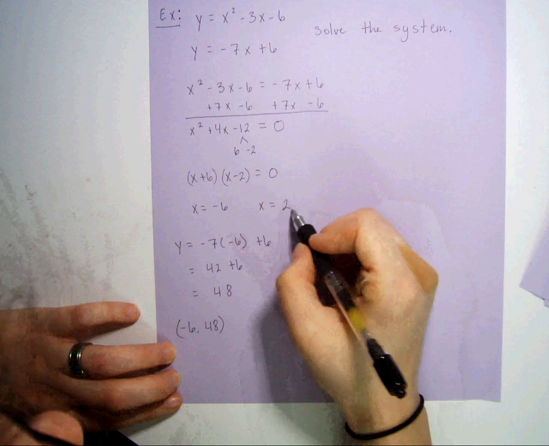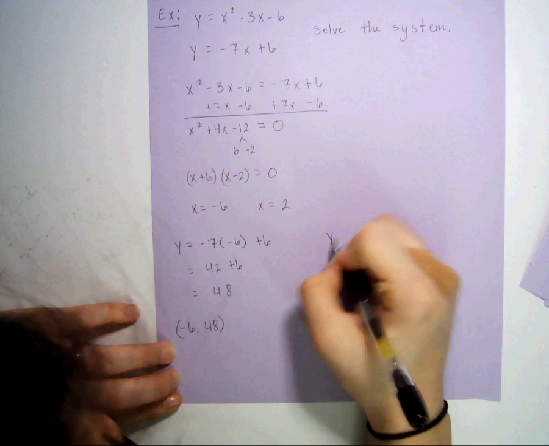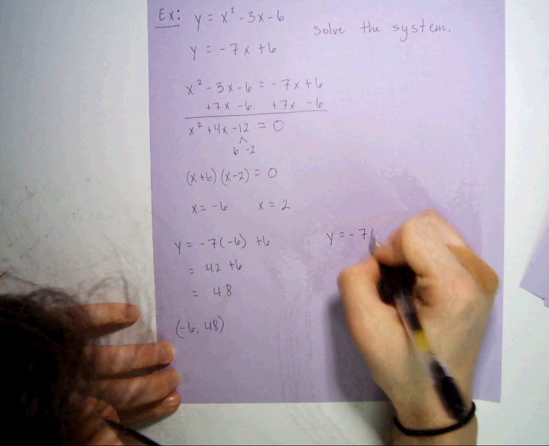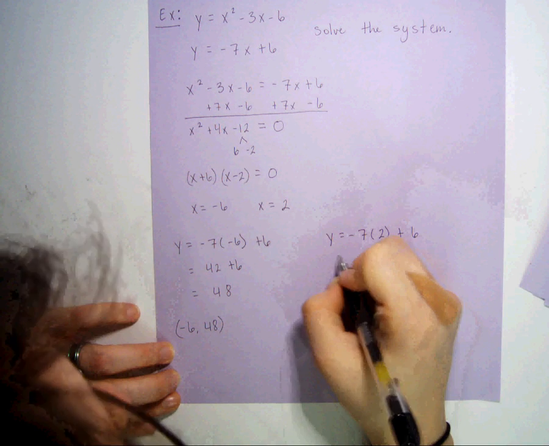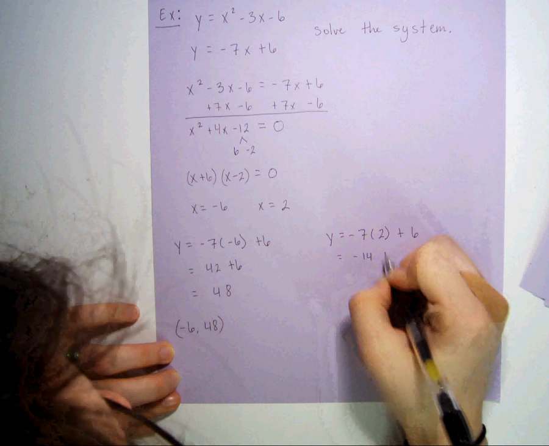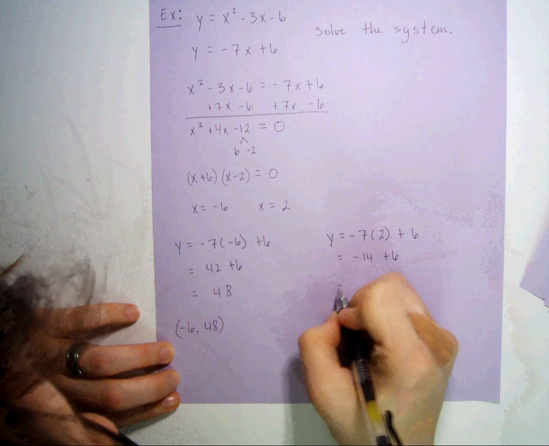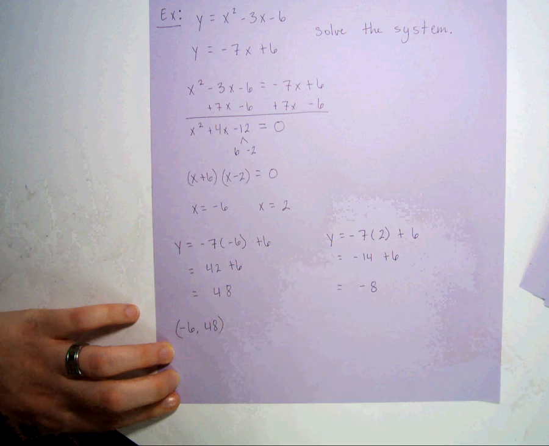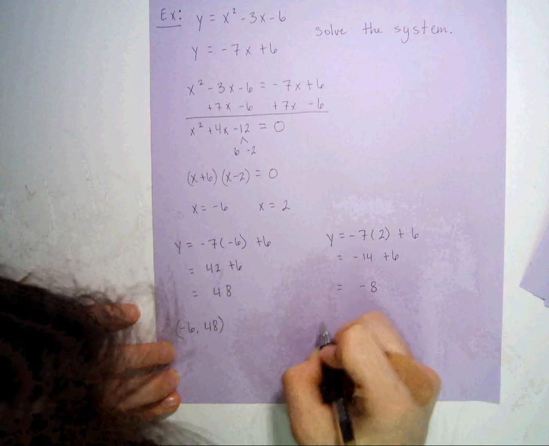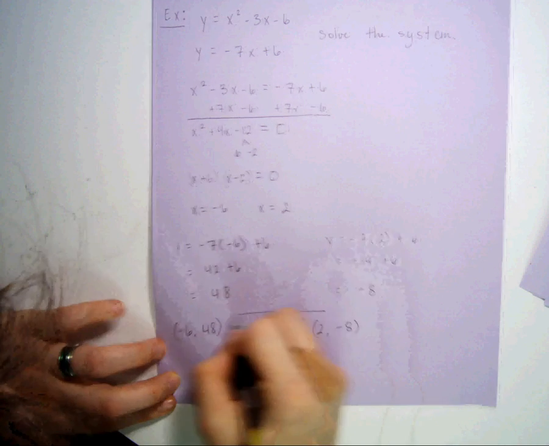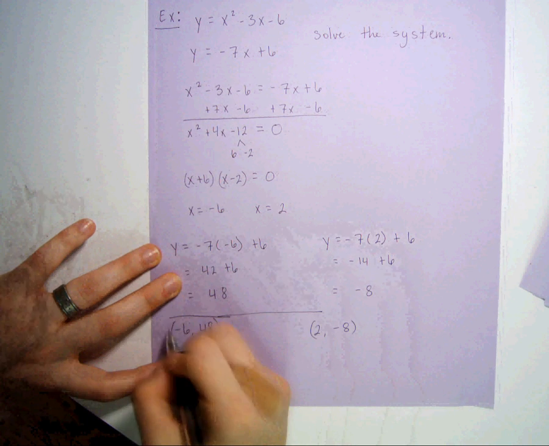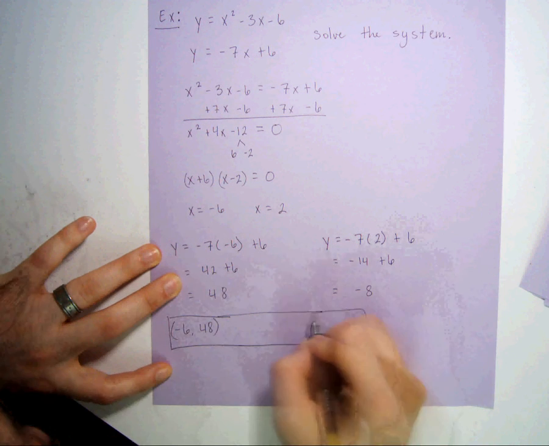And then the other, I'll plug in 2, so I get y equals negative 7 times 2 plus 6, which is negative 14 plus 6, which is negative 8. So my second solution is 2 comma negative 8. And there we go, those are my two solutions.